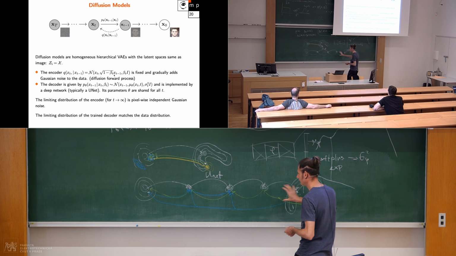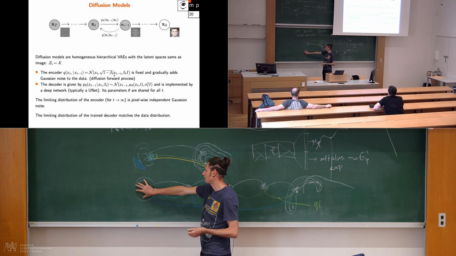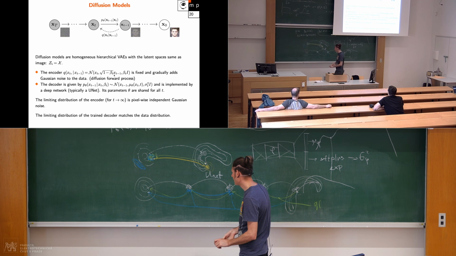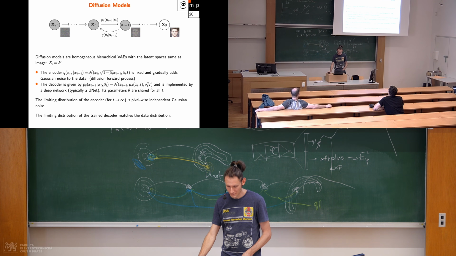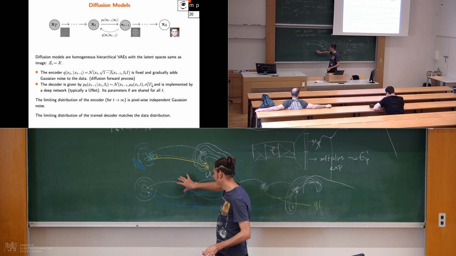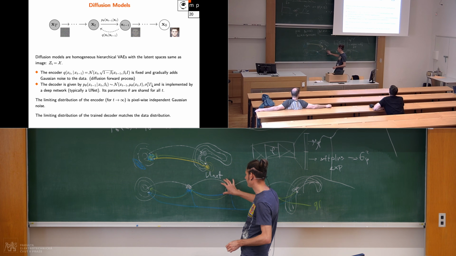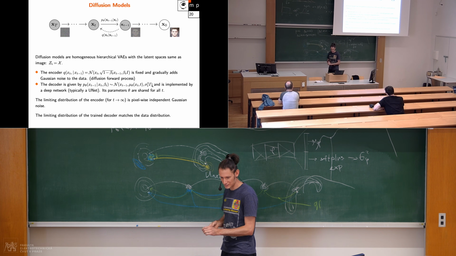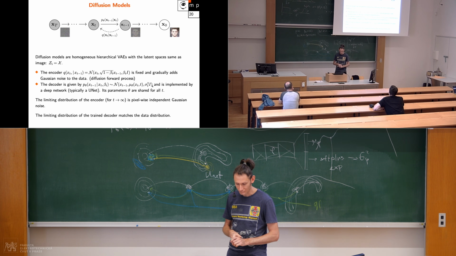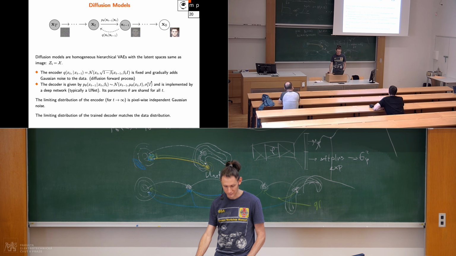So the encoder blurs everything to the normal distribution, and the decoder is a neural network parameterized process that at every step tries to denoise, if you like, the image, but not only. The decoder is also stochastic.